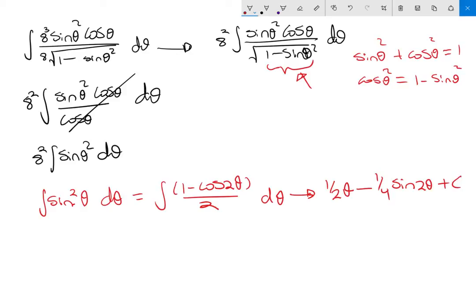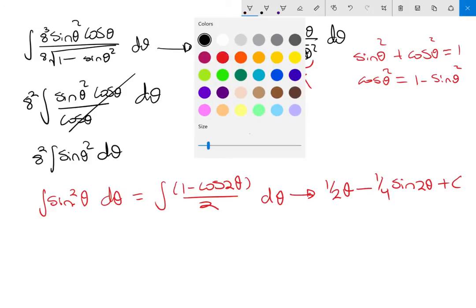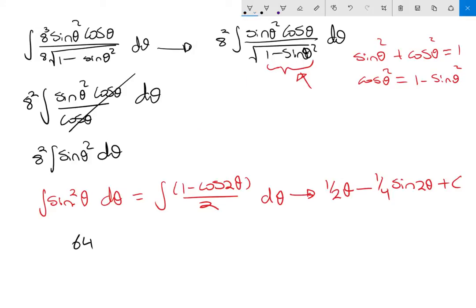What we do now is sub in our own values, and by doing so we're going to write it like this: 64 times 1 minus cos 2 theta over 2 d theta, which in this case is going to be 32, because 64 over 2.